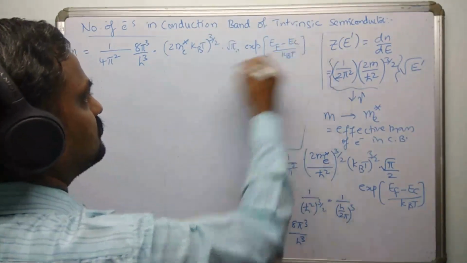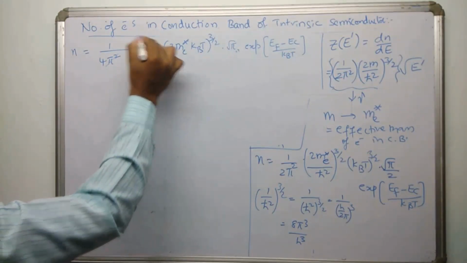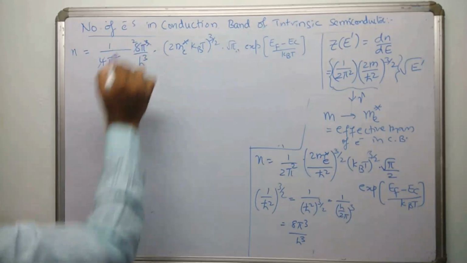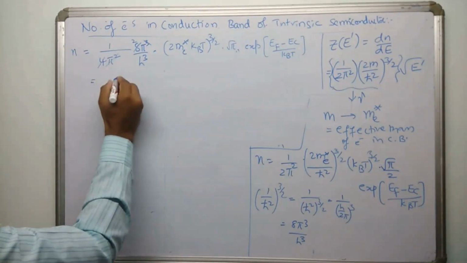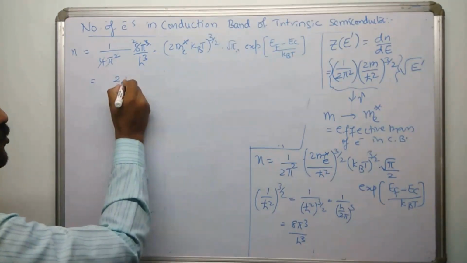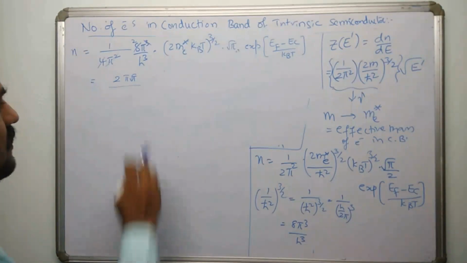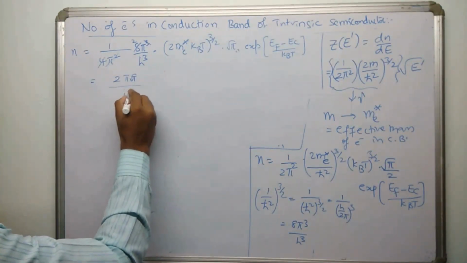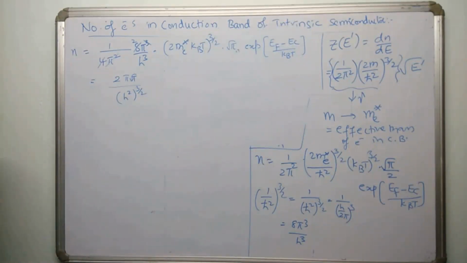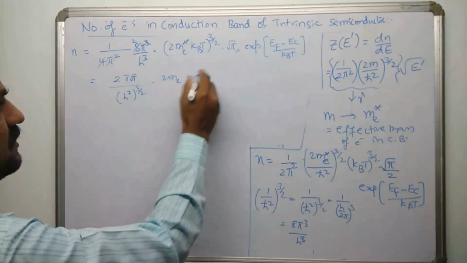See, we have a pi square and pi cube; square gone, we are left with pi. This is 4 and this is 2 times. So in the numerator, we are left with 2 pi, this is pi, and root pi is there. So 2 pi root pi divided by this h cube, which I can write as (h square) whole power 3 by 2, because the 2 is gone, it is h cube only, into 2 m_e.